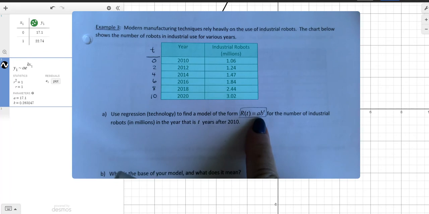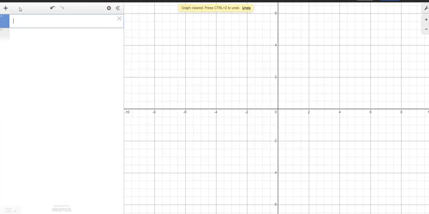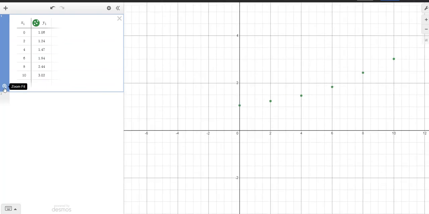It says to use an exponential function, but we haven't done this yet today. Let's verify that it looks exponential as well. All right, so my data goes in. And I'm going to go ahead and do the zoom fit.